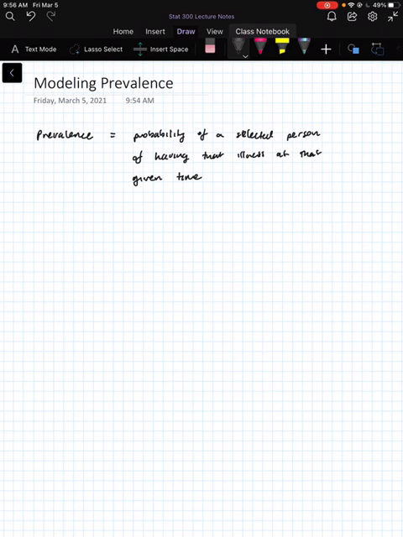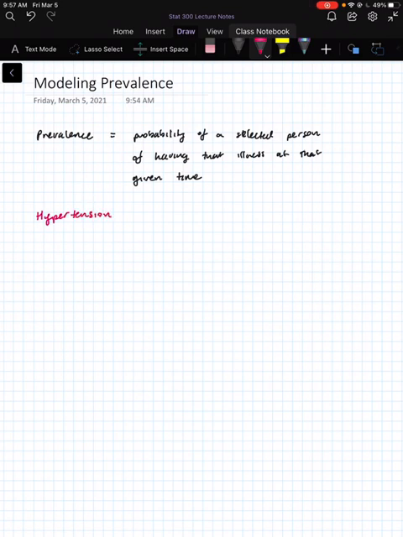So 10-year prevalence would be over the duration of 10 years, what's the probability of them getting that illness? And the important part here is that we don't know, or it's random, because we're selecting at random from a population. To motivate this, we'll talk about hypertension.